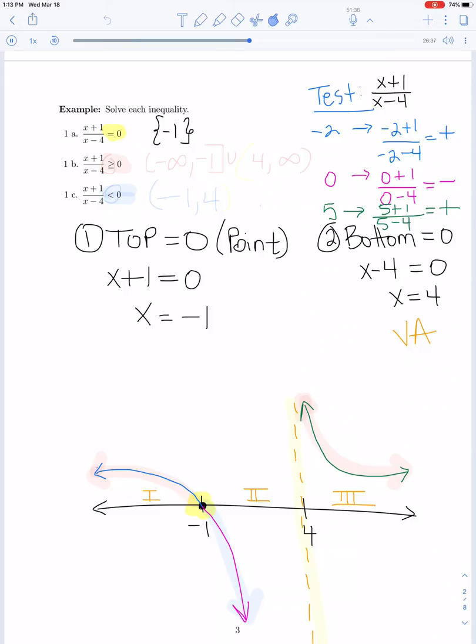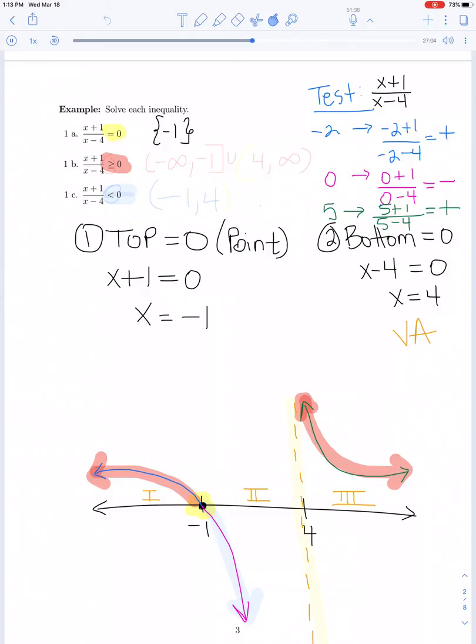B is asking, when am I greater than or equal to 0, meaning when am I above the x-axis? Well, I'm above the x-axis in the third region and in the first region.